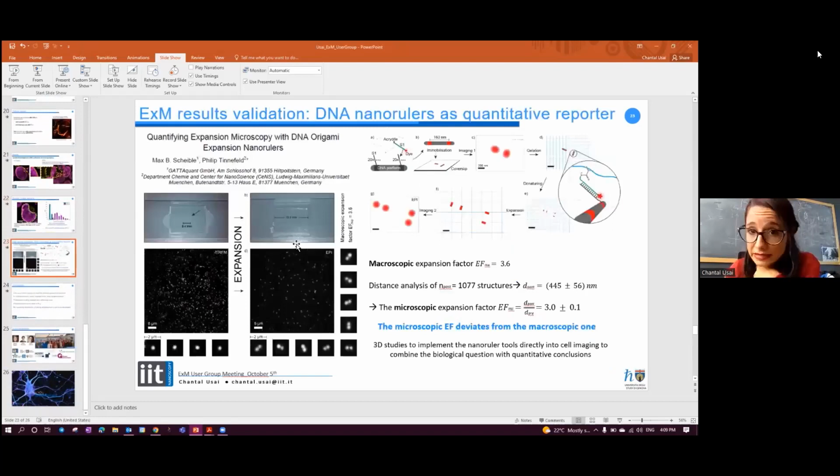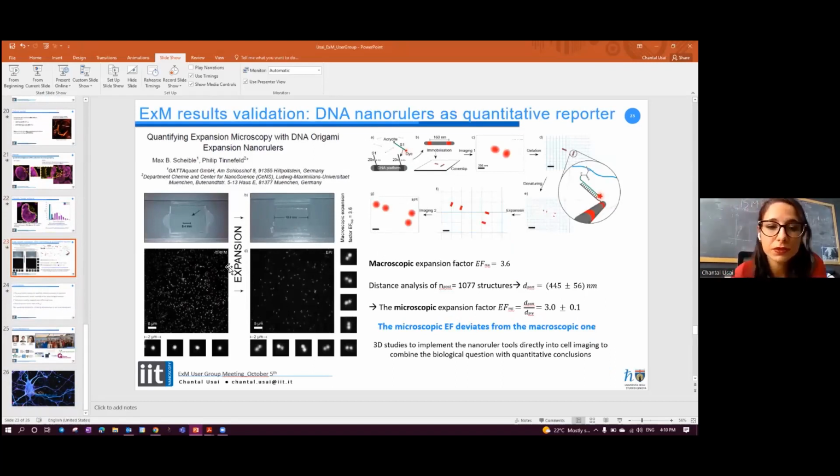Okay, so this is something that we are just starting to do. We bought the DNA nanorulers with this acridite modification already, and we haven't started yet to add them into our sample, but we are ready to do it now.